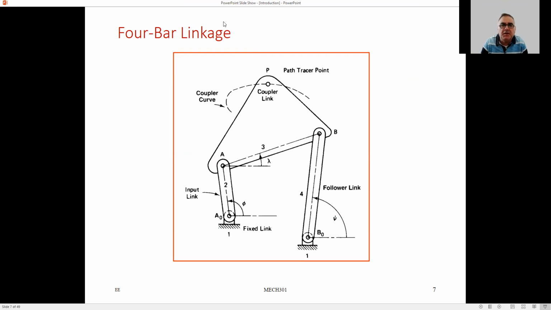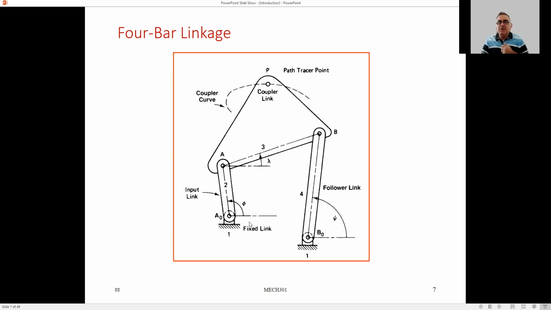One is the four-bar mechanism or four-bar linkage. Linkage is again synonymous with mechanism, in which you have four bars connected to each other. Well, you see here, of course, there are not four bars, there are three bars, as you see, 2, 3, and 4.